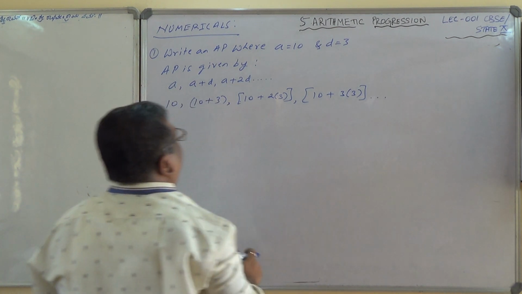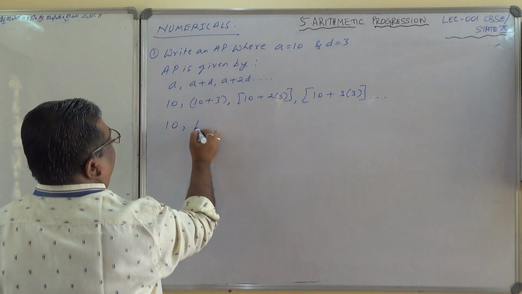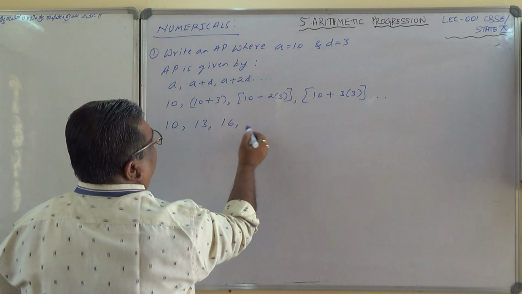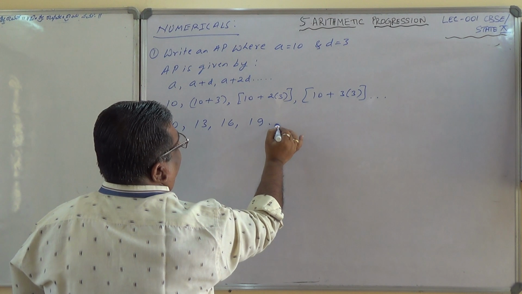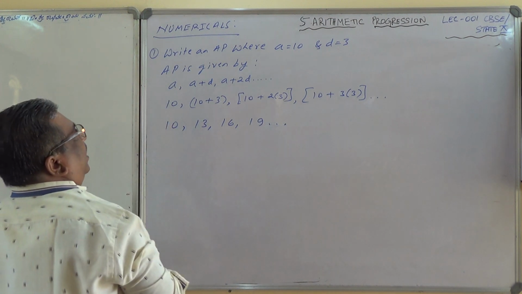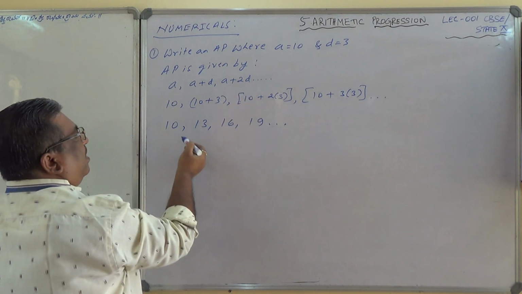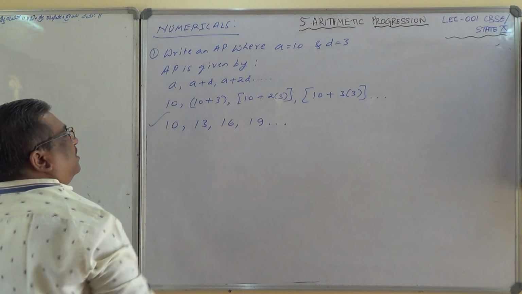Is it right? Okay, so let's check whether it is an AP or not now. It should be 10, 13, 16, 19, after this dot dot dot. So this is an AP. So write an AP where A is equal to 10 and D is equal to 3. AP is given by 10, 13, 16, 19, etc. So this is the answer for this one.